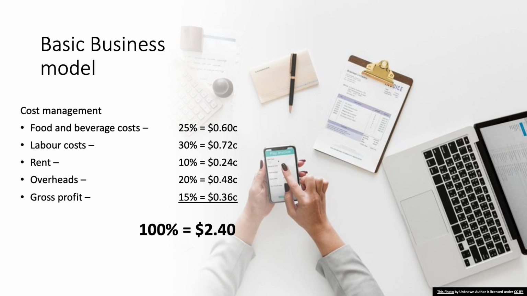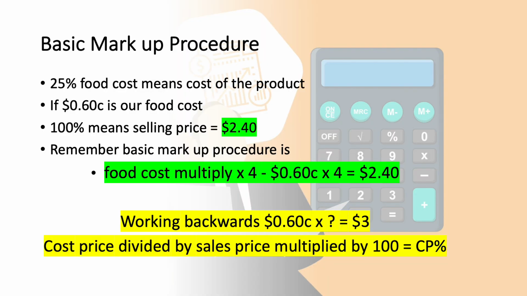So that would give us a gross profit, 36%, totaling 100%, $2.40. So the basic markup procedure, 25% of the food cost.